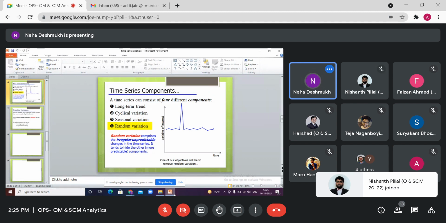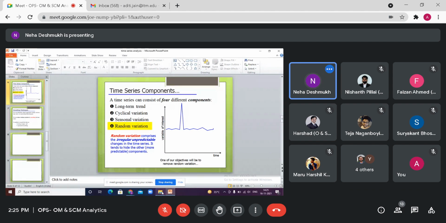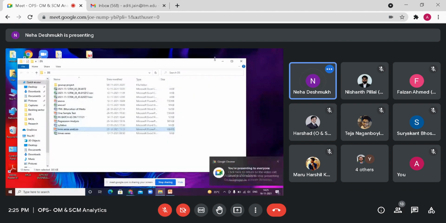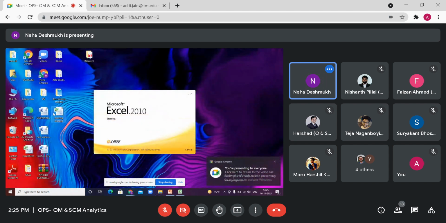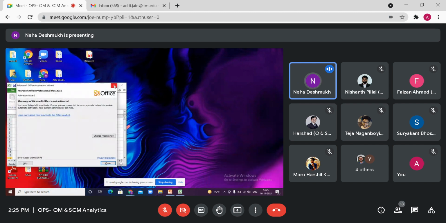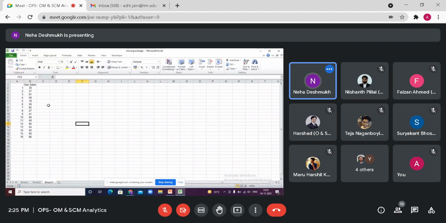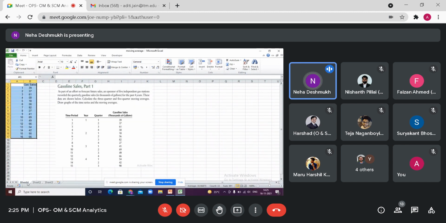So the first smoothing technique is moving average analysis, right? With the help of that, we can calculate the moving average for 3 quarter, 5 quarter, and more than that. Go through this case study first.